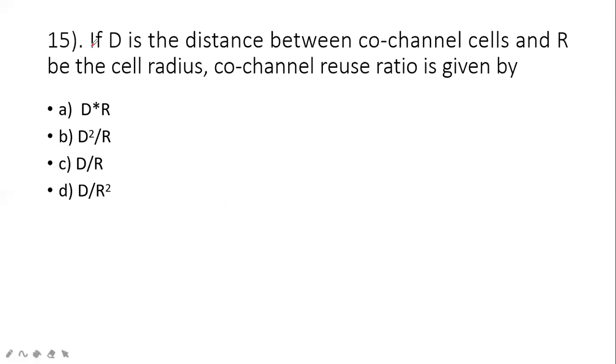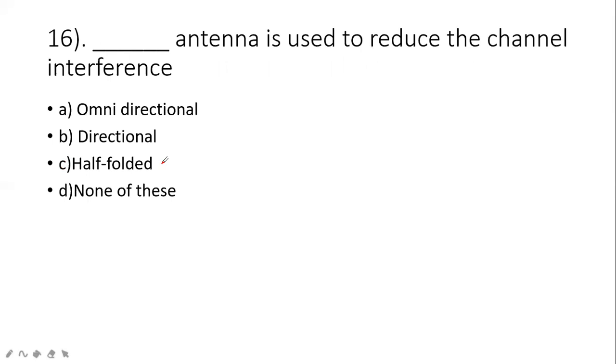Fifteenth question, if D is the distance between co-channel cells and R is the cell radius, the co-channel reuse ratio is given by D by R, that is distance divided by cell radius. Sixteenth question, which antenna is used to reduce co-channel interference? We use the sector directional antenna to reduce interference.